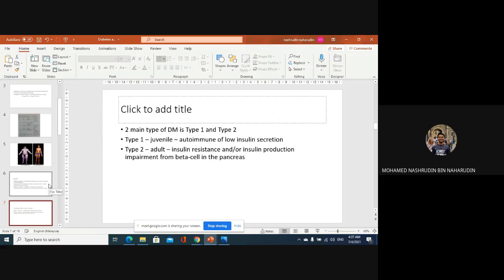So for that, I'm going to briefly explain the two types of diabetes mellitus, which I have already explained earlier. Type 1 and type 2. Type 1 is juvenile, due to autoimmune low insulin secretion, whilst type 2 is due to insulin resistance or low insulin production from the beta cells at the pancreas.